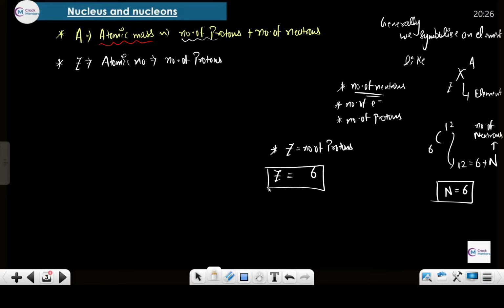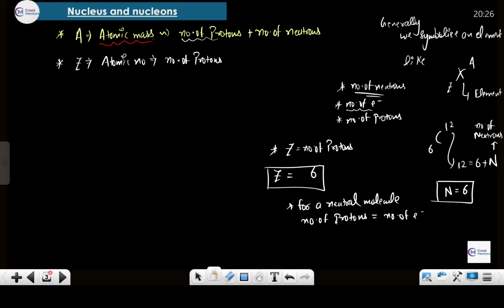Now, what about the number of electrons? For a neutral molecule, the number of protons is equal to the number of electrons.